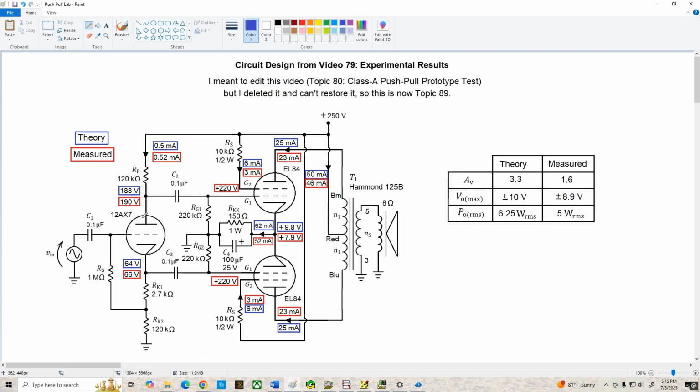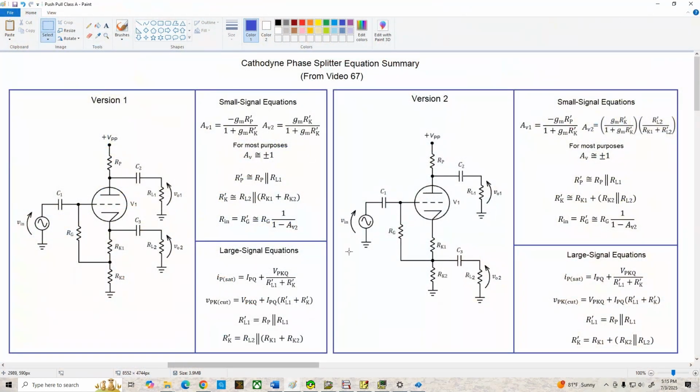Moving over to the left, we've got our phase splitter, and this circuit was designed back in video 67, so if you want to see the details of the design, you can go back there and look. The equations that are pertinent to the phase splitter are shown here. Remember, we had two versions. We could take the output on the cathode side directly from the cathode, in which case these equations are applicable, or we could take the output from the junction of RK1 and RK2, in which case these equations are applicable.